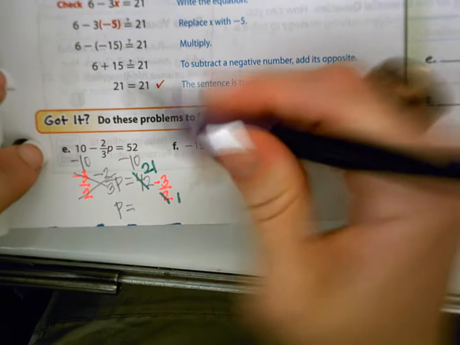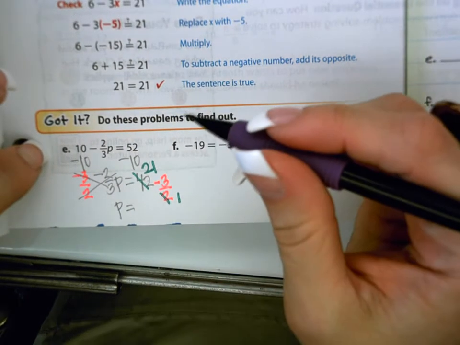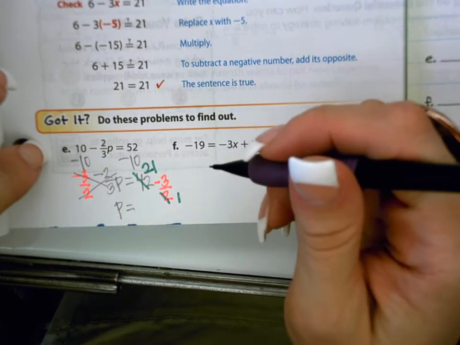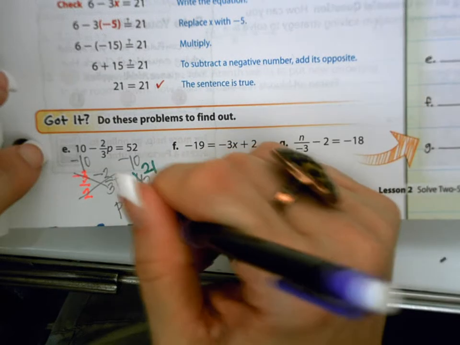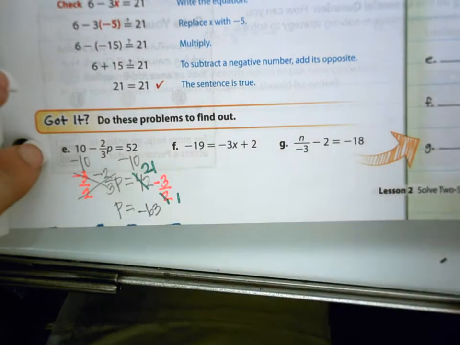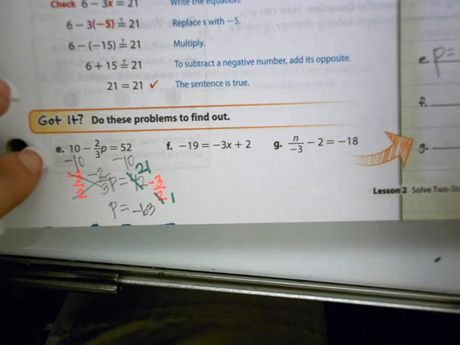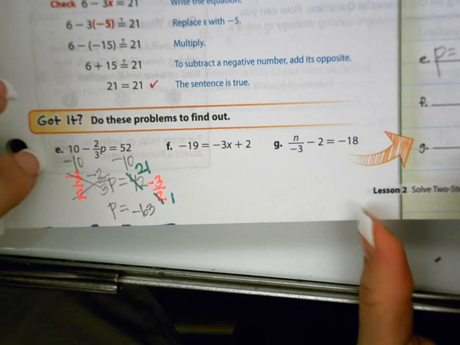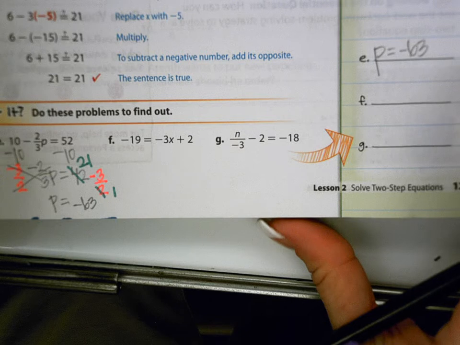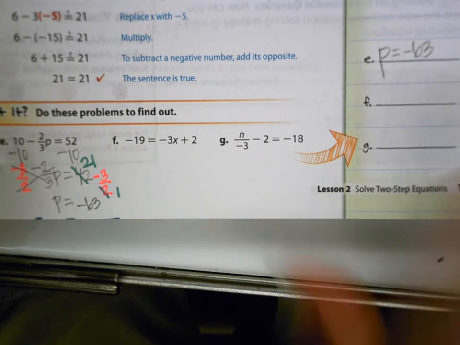What's 21 multiplied by negative 3? Negative 63. So hopefully we should have gotten an answer of P equals negative 63. Does anyone get a different answer? Okay, let's do F as well.